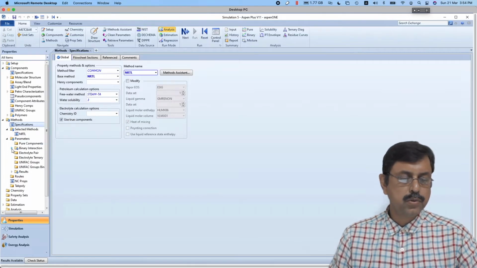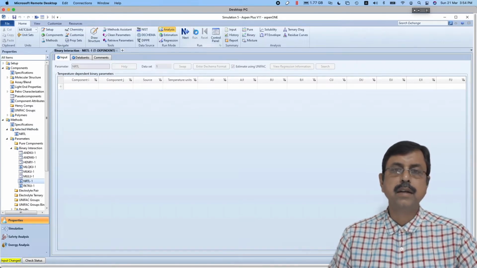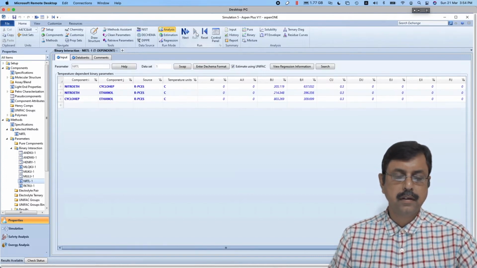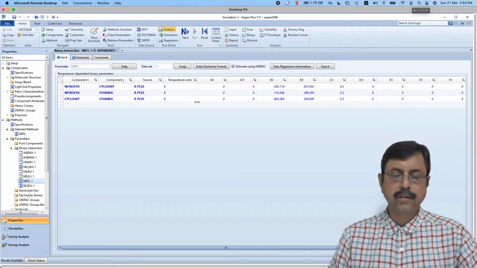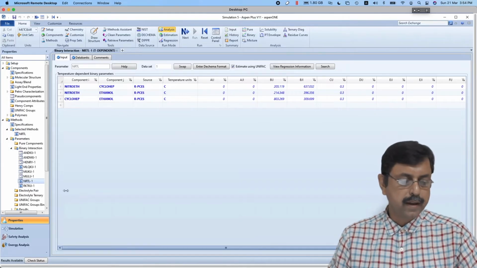We shall go to the binary parameters, choose NRTL, and we'll say estimate using UNIFAC, and we will run it once again. So it has run. It has estimated all missing parameters with UNIFAC.